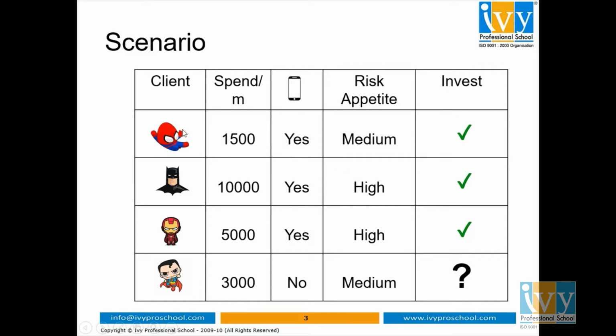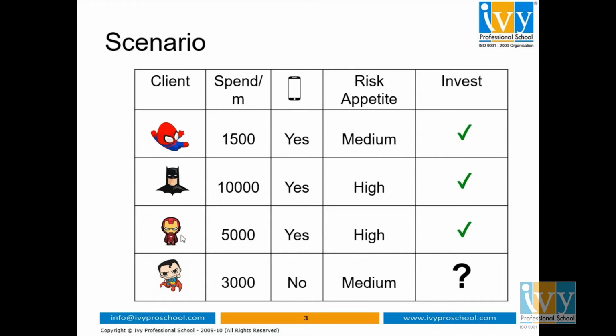Getting these details from these three people, the wealth management firm says that yes, Spider-Man, Batman and Iron Man, all three of you can invest in a mutual fund. But what about Superman? There is a big question mark in his case. Can you answer whether he can invest or not based on the details of these three people?